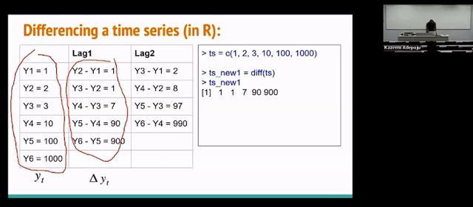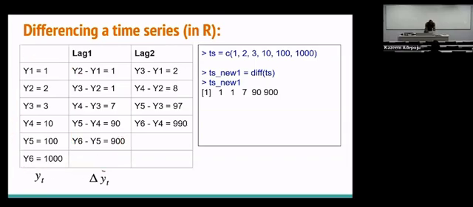Now we have a notation. Please pay attention to the notation. I know you have seen that notation before in math. This particular symbol is talking about differencing. What is the difference between YT and this one? YT is not differenced, but this one is differenced.